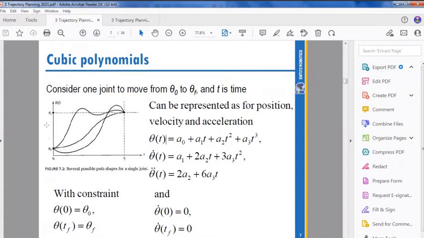So this is the angle, the position of the robotic arm joint.